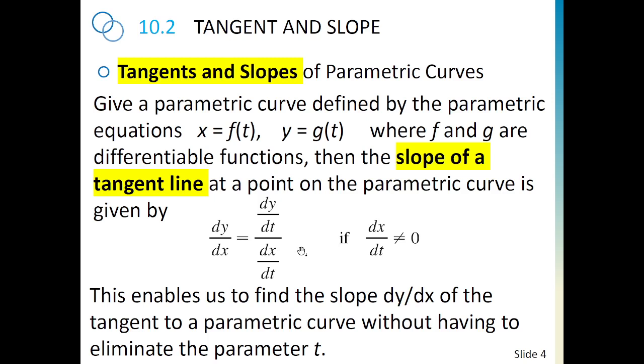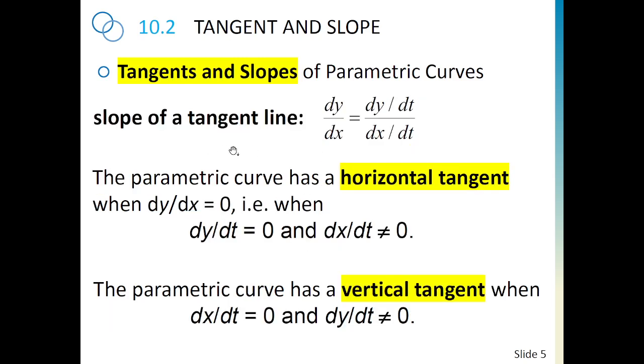But we will see what happens in this situation also. This expression gives us the slope of the tangent line. That's quite straightforward: we have expressions for x and y, we simply differentiate them with respect to t and then compute the ratio.